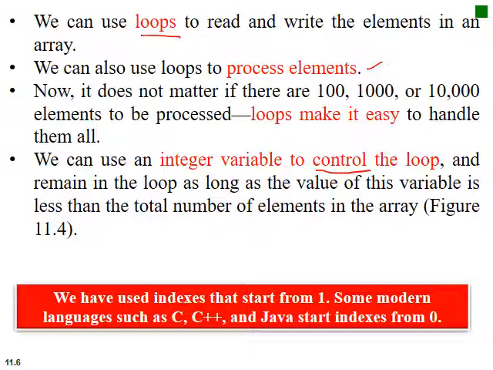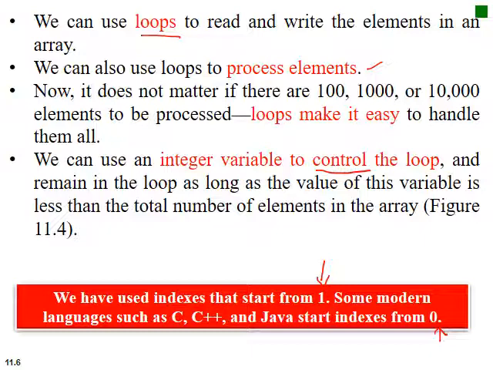So I've mentioned this actually on the previous slide, but we've used indexes to start from 1. Sometimes in modern programming languages like C, C++, and Java, we start indexing actually from 0. But for simplification reasons, in this example with arrays, we will start as the first element is element number 1 as well.